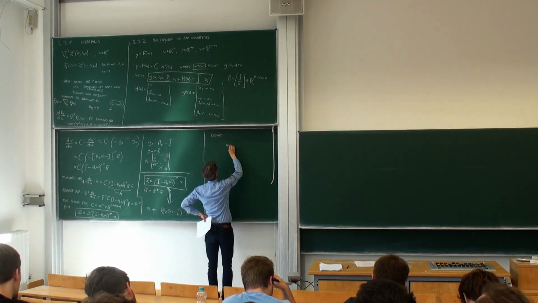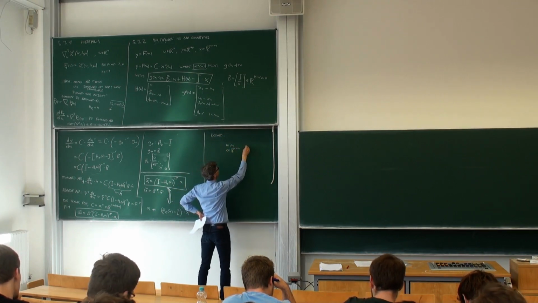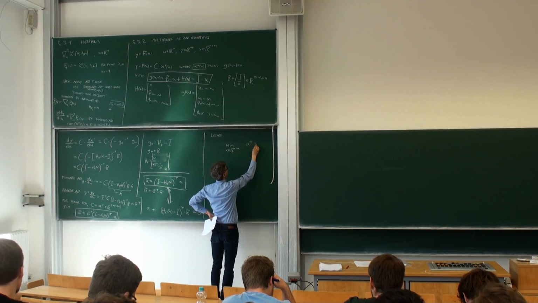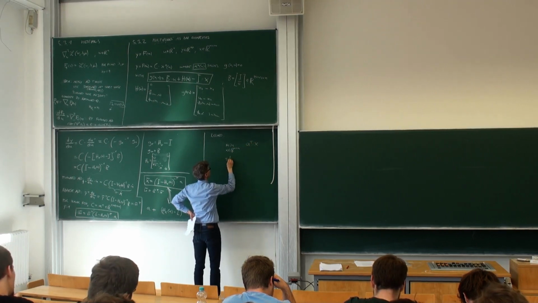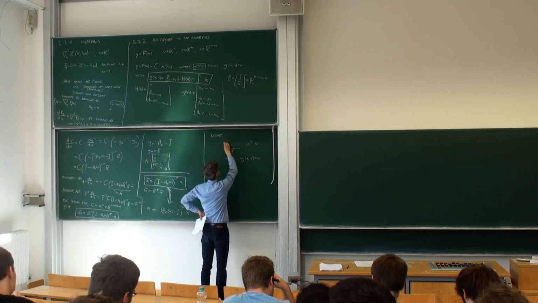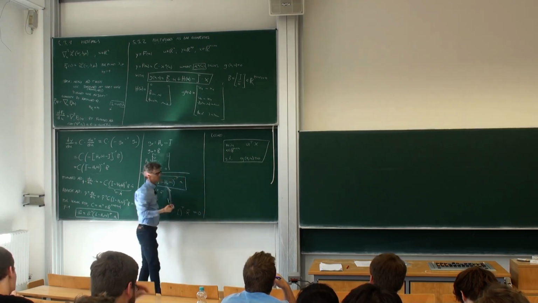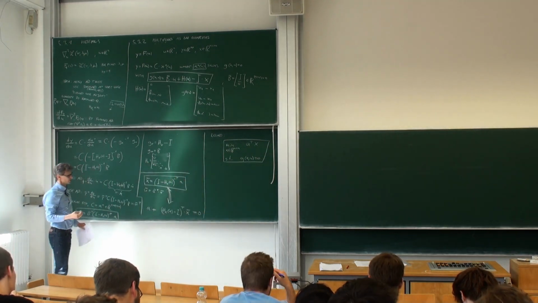So regard the problem of minimizing over all x in R^(n+m) the objective function a transpose x, subject to the constraint that g of x and u should be equal to 0. So it's actually a parametric optimization problem that depends on u.